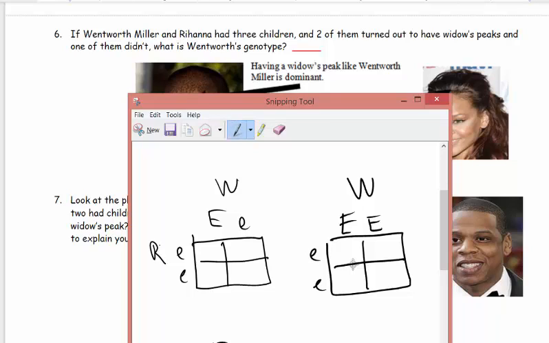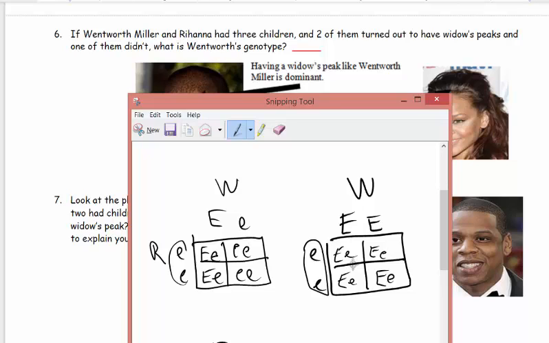Let's evaluate both possibilities for Wentworth. If we went with big, big, we'd end up with something like this for the Punnett squares. And if we went with a heterozygous one, we'd end up with big, small, small, small, big, small, small, small.